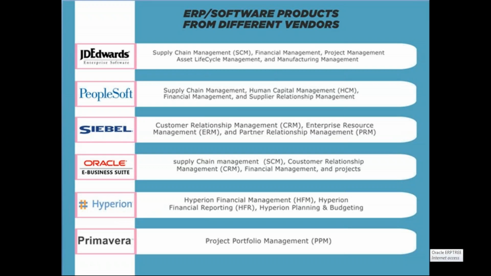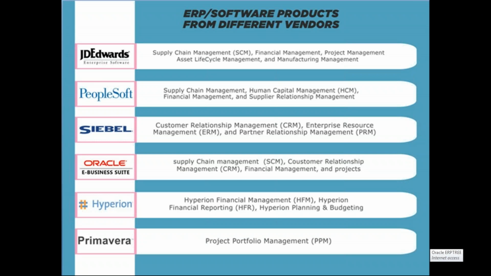So when you talk about ERP products in the market, we have a few. I've taken a few ERP product names here for the example I want to demonstrate. We have JD Edwards, one of the ERP products. In the same way, PeopleSoft, Siebel, Oracle E-Business Suite, and Hyperion and Primavera, not ERP products, but enterprise solutions.